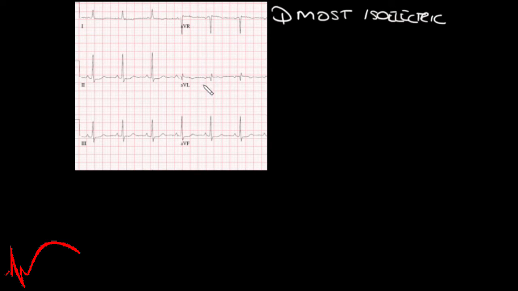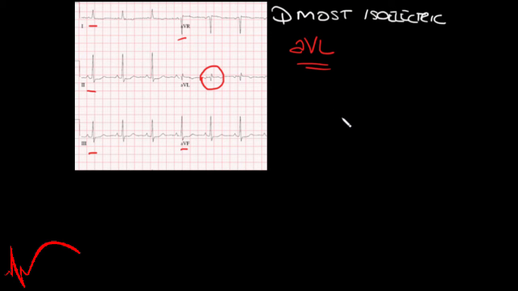So if we look here at these complexes, you can see the standard limb leads 1, 2 and 3 are all much more positive, or at least more positive than they are negative. AVF in the augmented limb leads are exactly the same, and AVR is simply that but reversed, so it's much more negative than it is positive. But if we look at the complexes in AVL, you'll see their deviations from the isoelectric baseline are relatively similar. So we can say with a relatively large degree of confidence that AVL is our most isoelectric lead.